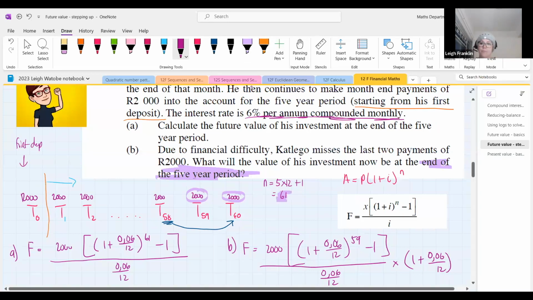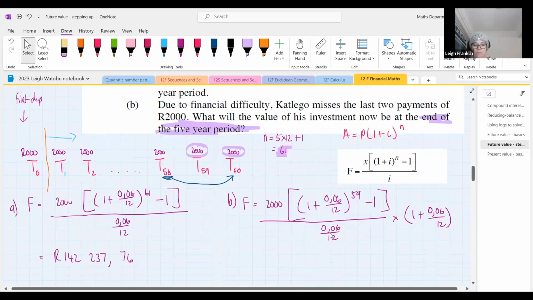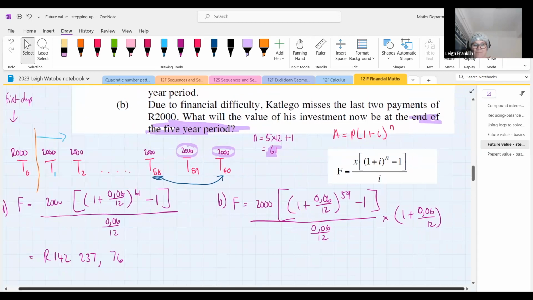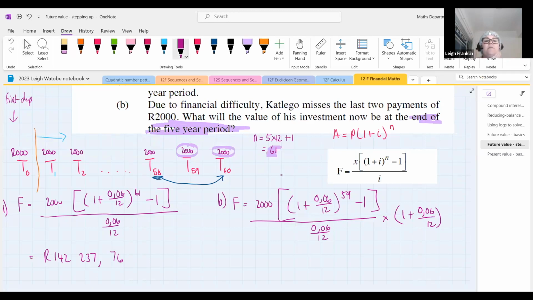Ma'am, why do we use the value of 59 for the future value instead of just using A is equal to P(1 plus i) to the power of n? Okay, because now what they've done is they have changed the question. They are saying that those last 2 payments of 2,000 Rand did not take place.